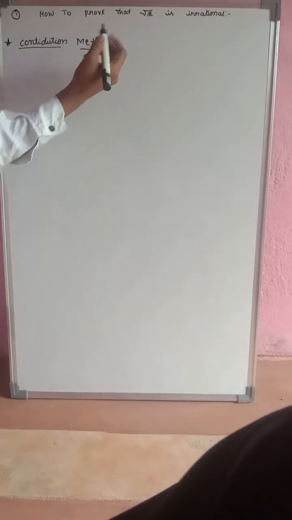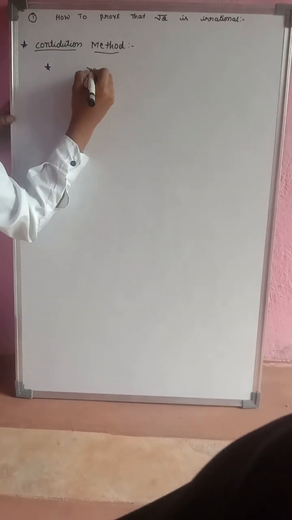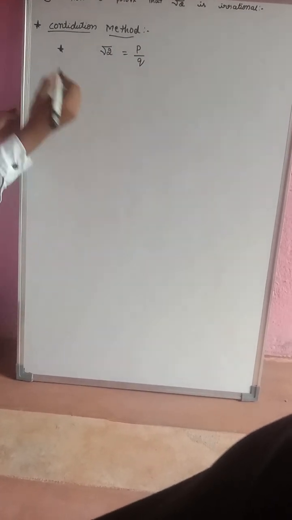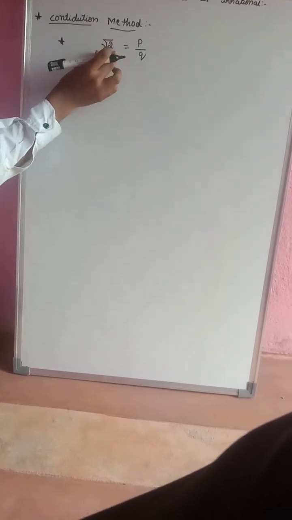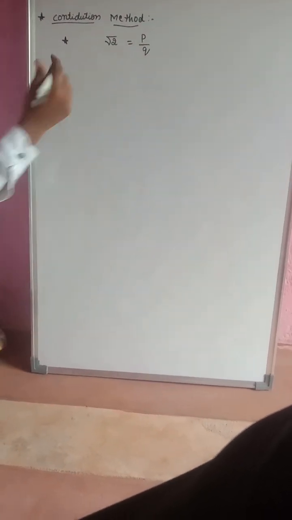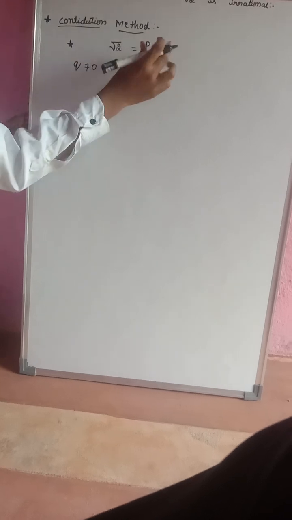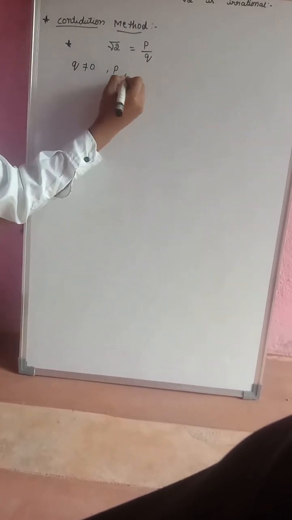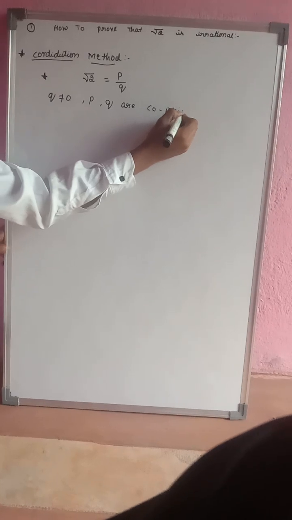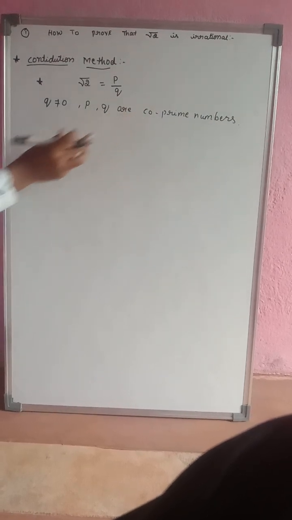So let's start our equation. At first I will write that the square root of 2 in p by q form. The square root of 2 is equal to p by q, a rational number, where the denominator q is not equal to 0, and p and q are co-prime numbers.